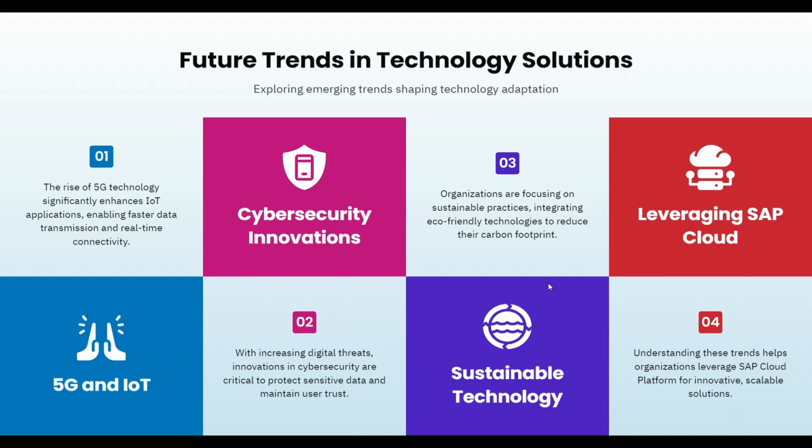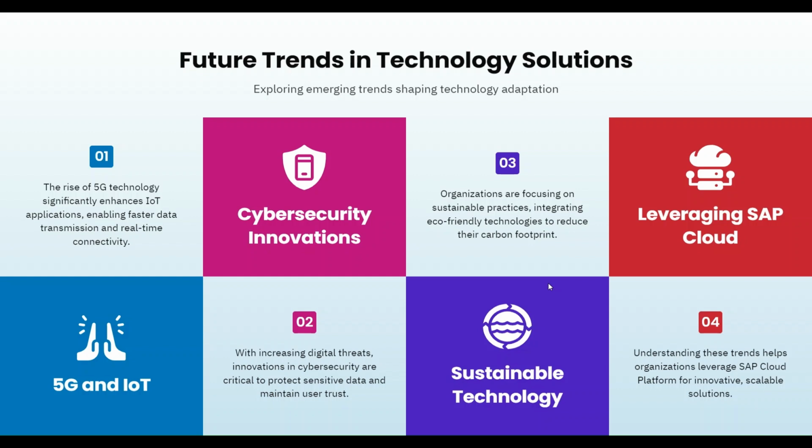Alongside this, cybersecurity innovations are becoming increasingly important to protect sensitive data, especially as digital threats rise. Companies are also focusing on sustainability, adopting eco-friendly technologies to reduce their carbon footprints. SAP Cloud Platform is well positioned to help organizations tap into these emerging trends, providing them with the tools needed to build scalable, innovative solutions.